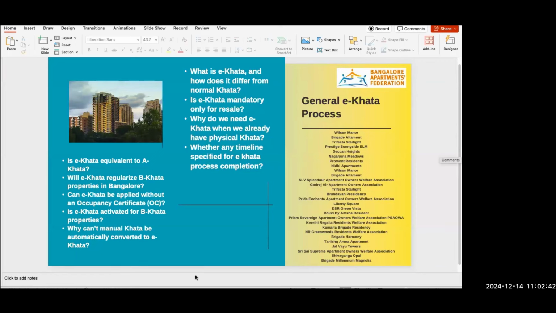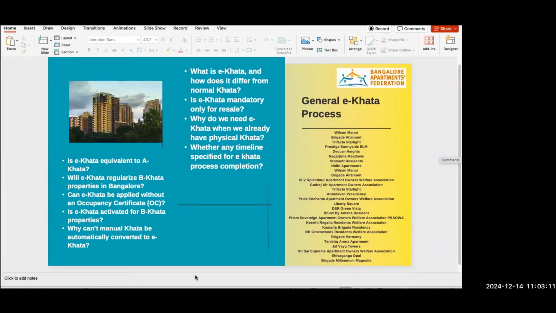So what happens is, the situation till 1st October 2024, these 22 lakh khatas, out of which 6.5 lakh odd are B khatas, and around 14.5, 15 lakh are A khatas, existed and even now exist in approximately 5,500 manual books or registers maintained in 64 ARO offices.